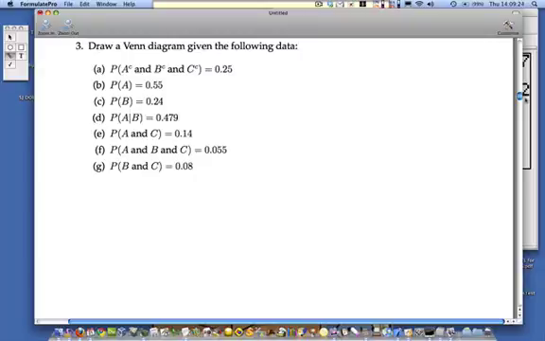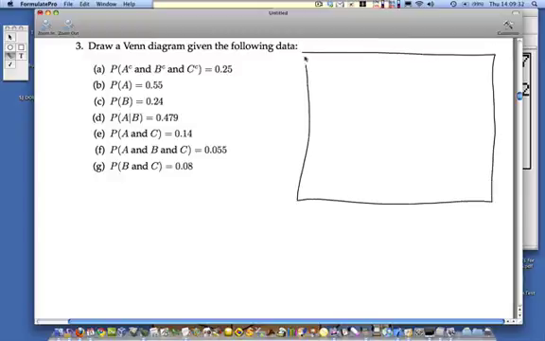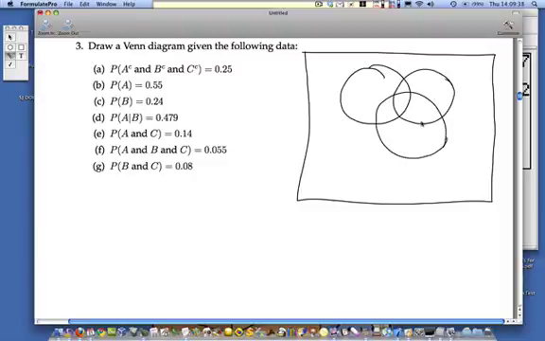Okay, question 3 is the Venn diagram problem. So I'm going to start by drawing a Venn diagram, and I'm going to do it up here. I want to put a box, and then I'll put circles for A, B, and C like that. So there's A, there's B, there's C. The probability that you're not in A, not in B, and not in C is 25%.